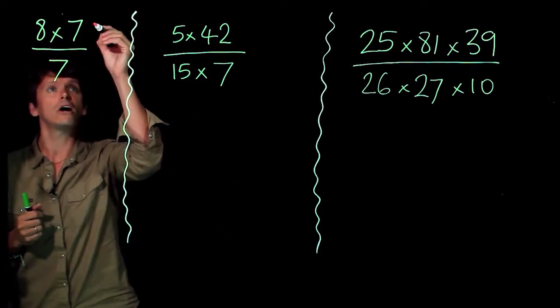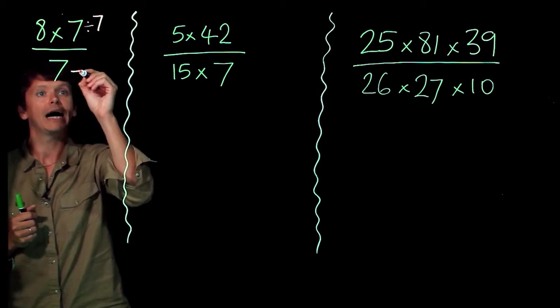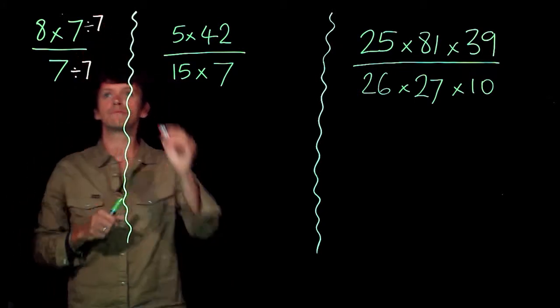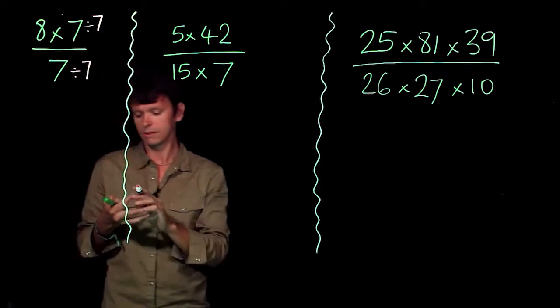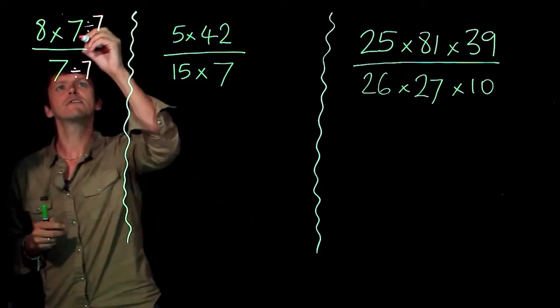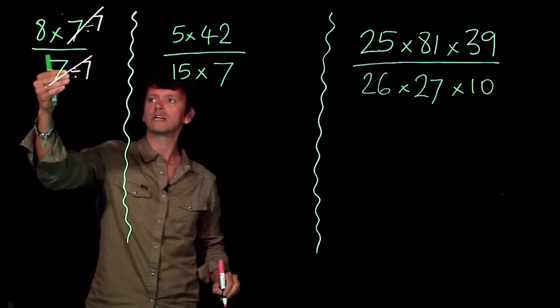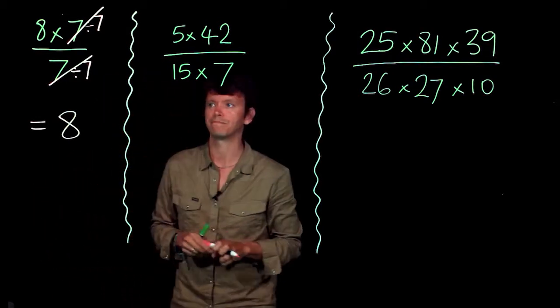And if we were to divide numerator and denominator by 7, well, 7 divided by 7 equals 1. So essentially what I've done is I've cancelled the 7 up here and the 7 down here to leave the 8. And that's how cancelling works.